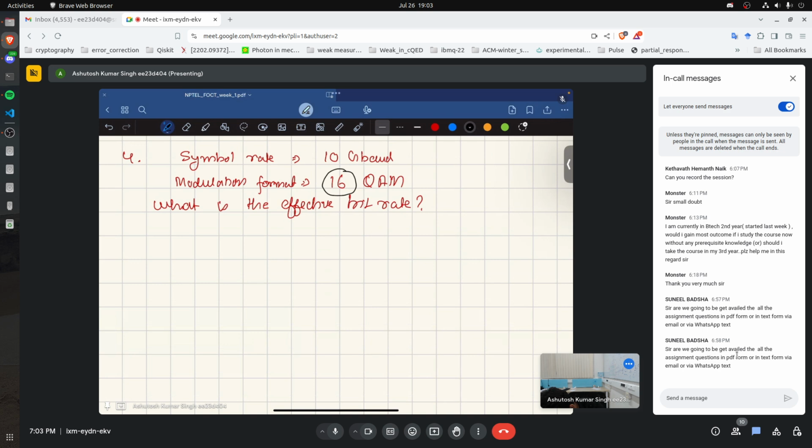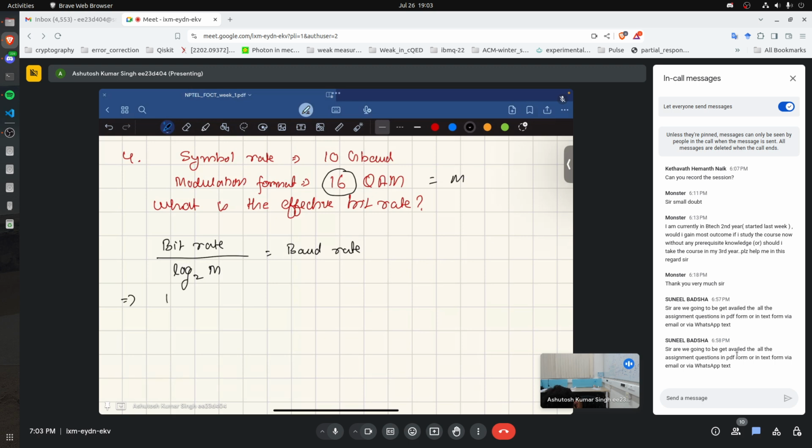So I had written a formula earlier which said bit rate by log 2 m, where m is the quantization number, is equal to baud rate.